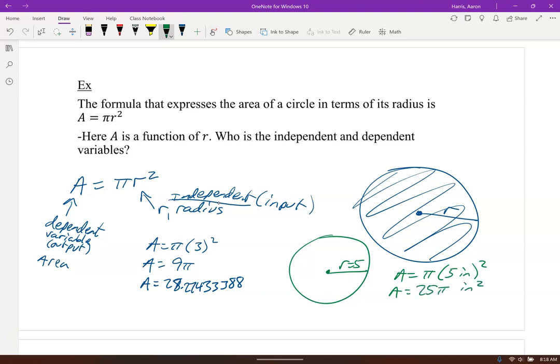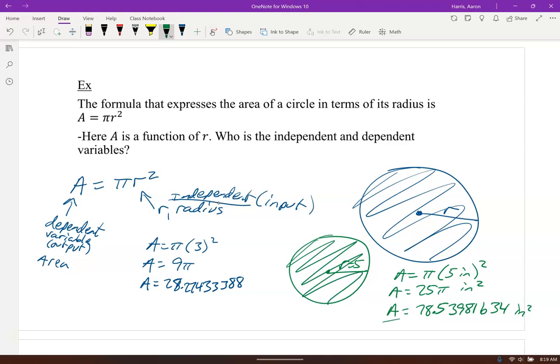Then I punch in 25 pi, using that pi button, and I get 78.53981 square inches. So a much bigger area, right?